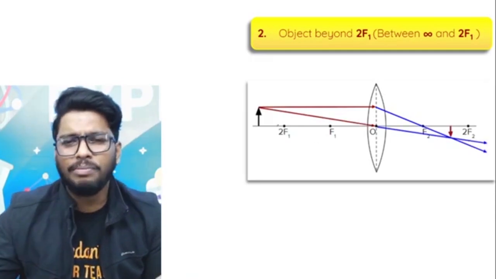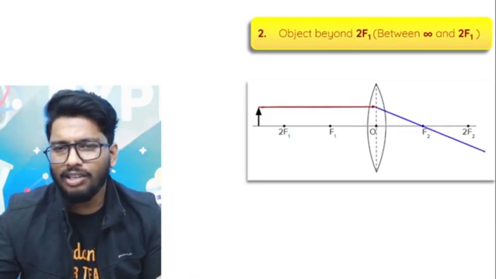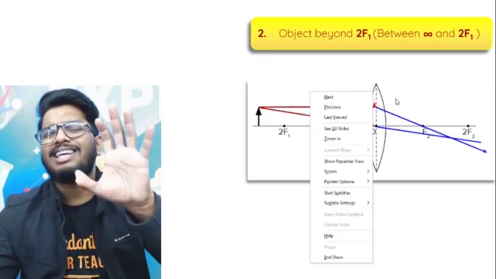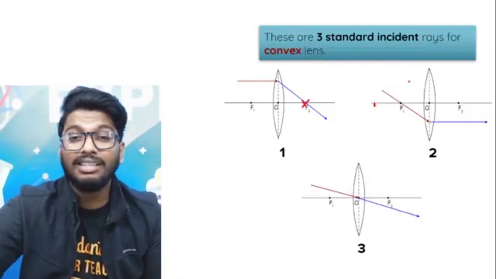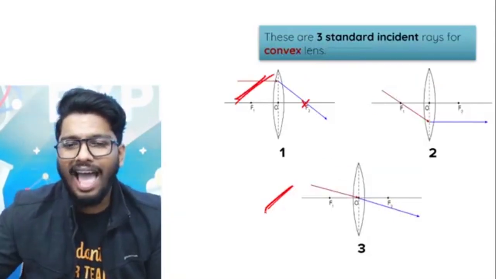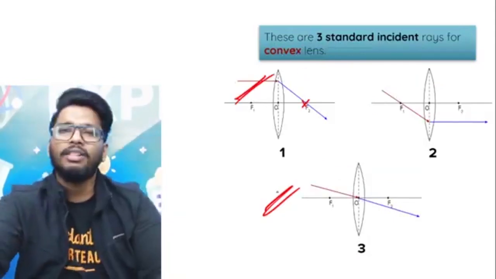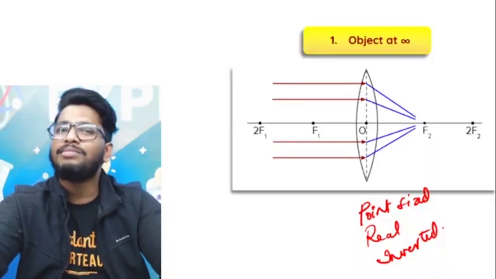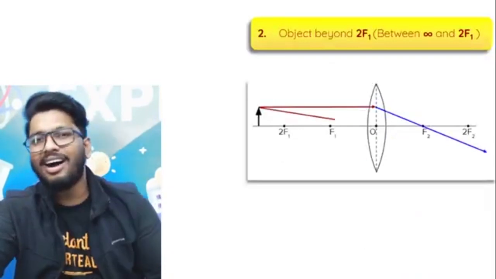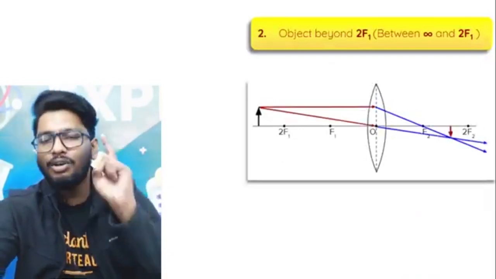Imagine one ray of light parallel to the principal axis; after refraction it will pass through the focus. So if you know the three standard incident rays, out of the three you just need to remember these two, this one and this one. If you remember just these two, people, you can solve any ray diagrams. Trust me, you can solve any ray diagrams by yourself. You don't have to learn it by heart. You will do it by yourself.